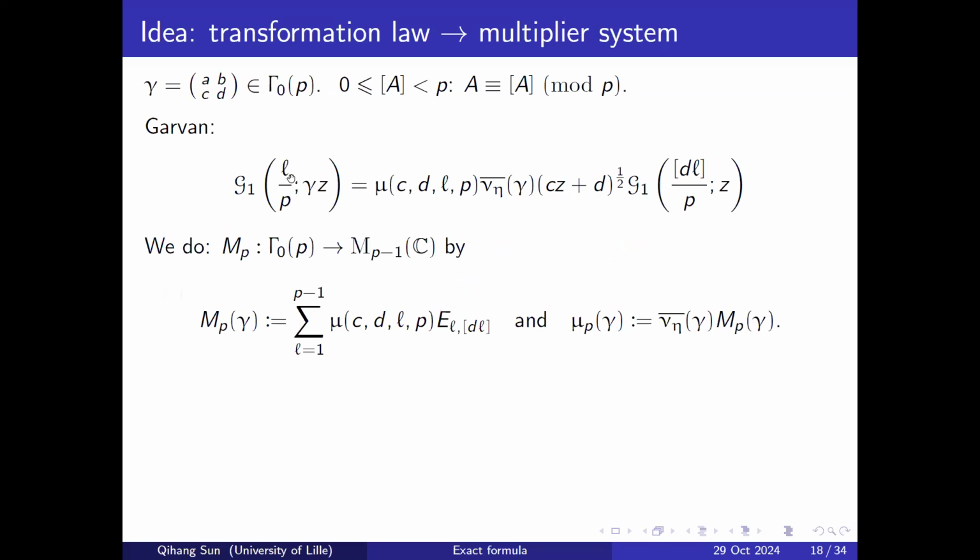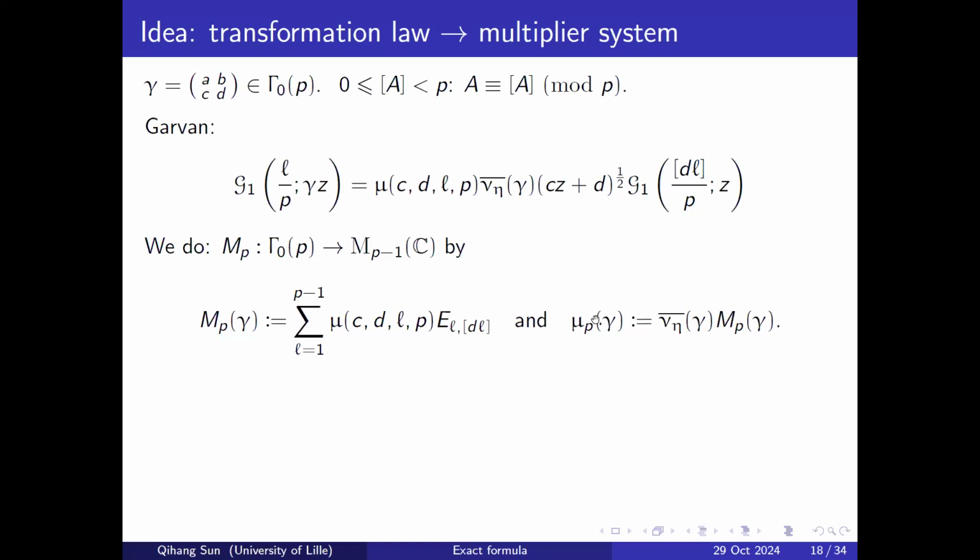If you take L anything coprime to p, from 1 to p minus 1, it transforms to DL, where this bracket means we reduce DL to the range 0 to 2p. So G1 transforms back to another G1, which means if we take every G1 here, G1 of 1 over p, 2 over p, up to p minus 1 over p, as a vector, then this mu factor here and the eta multiplier will make it a matrix, and G1 will now behave like a vector valued modular form with the multiplier system of this mu p.